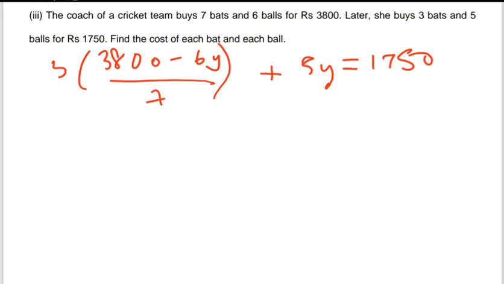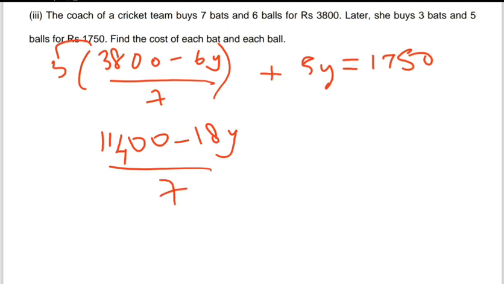Now simplifying it, we can't divide 3 by 7, so let's take LCM. So let's multiply inside the bracket. 3 into 3,800 is 11,400 minus 18y by 7 plus 5y is equal to 1,750.